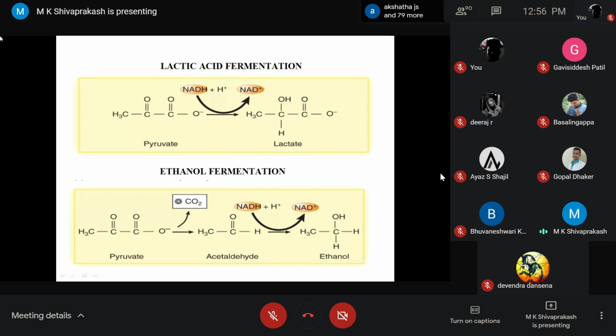This acetaldehyde acts as an electron acceptor to form ethanol, ethyl alcohol. The alcohol producers have the ability to convert glucose to ethyl alcohol through pyruvic acid as an intermediary.